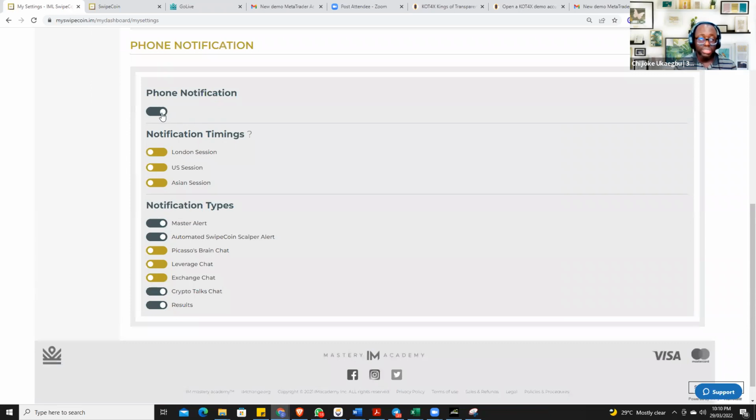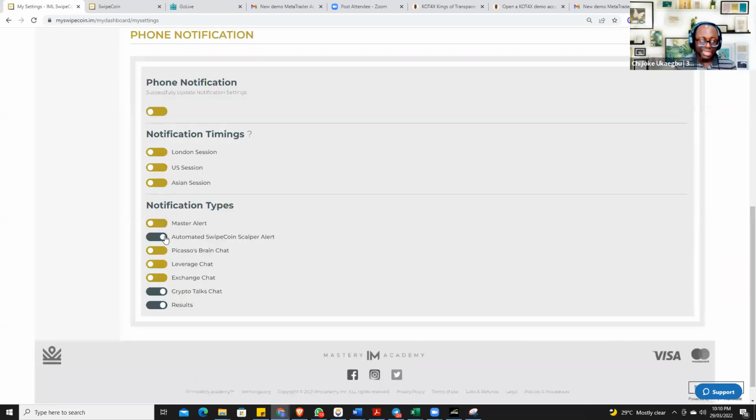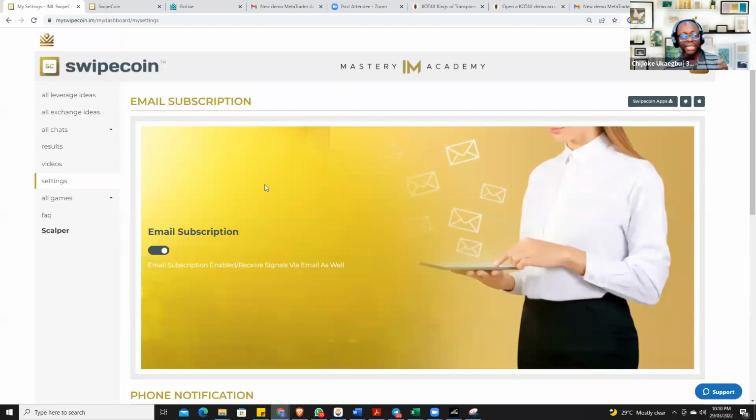The ones you want are phone notification, master alert, and automated Swipecoin alerts. Actually, I think they need to be on the right, sorry. You want those ones active so that you're getting notifications on your phone. So that's one way you can do this.